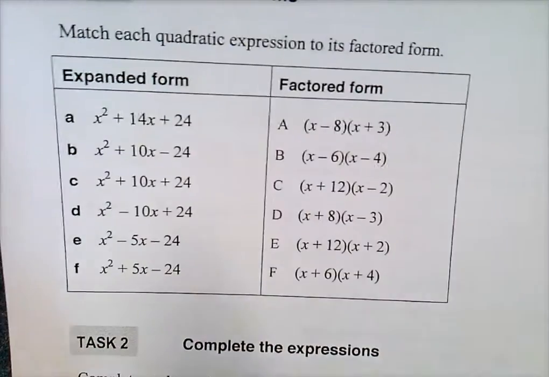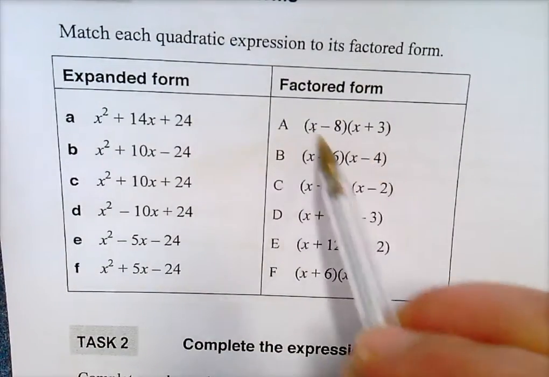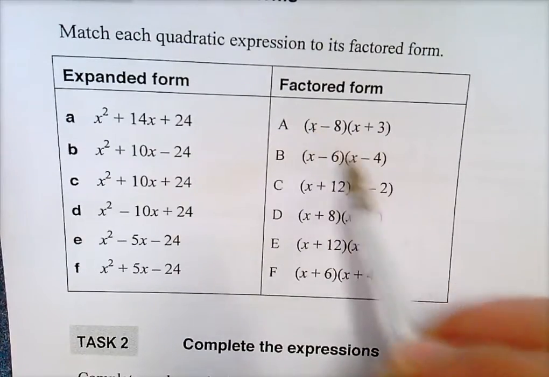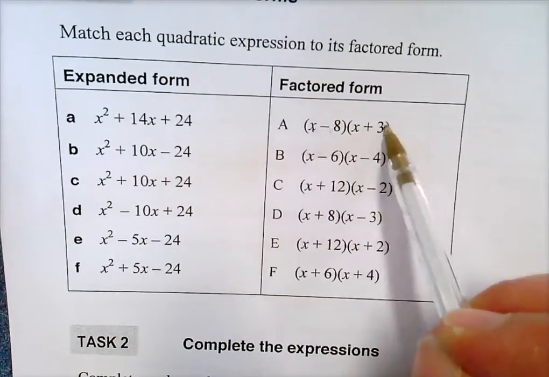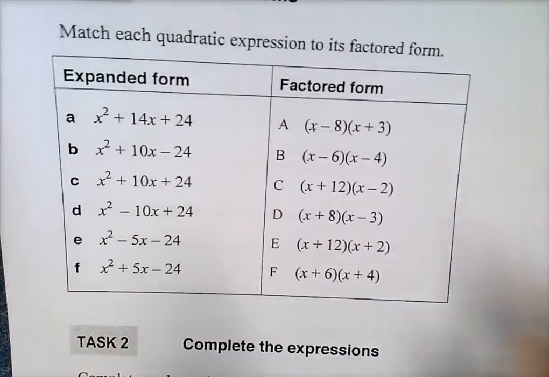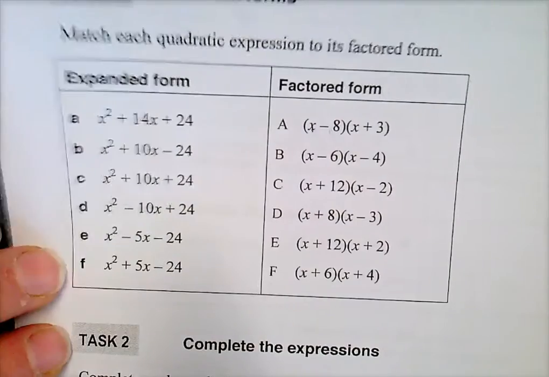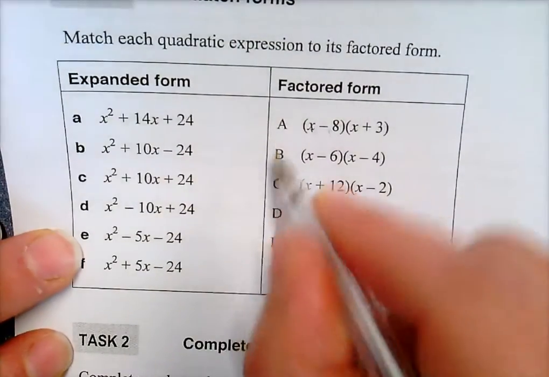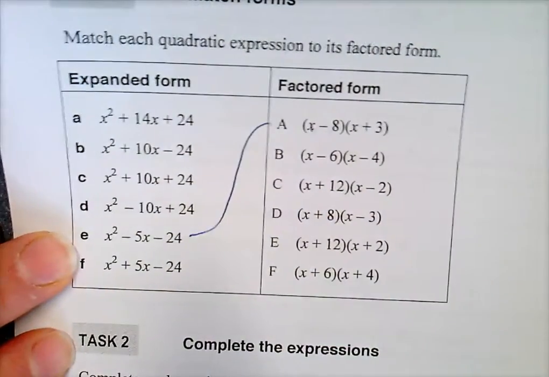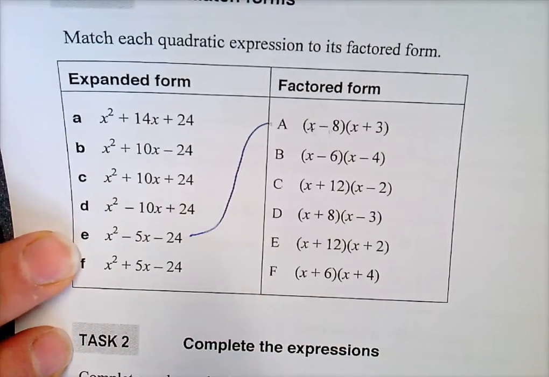Okay, to do these, you can pretend you're expanding x squared plus 3x minus 8x minus 24, or the quickest way is negative 8 plus 3 is what? What's negative 8 plus 3? That's going to be the middle term.